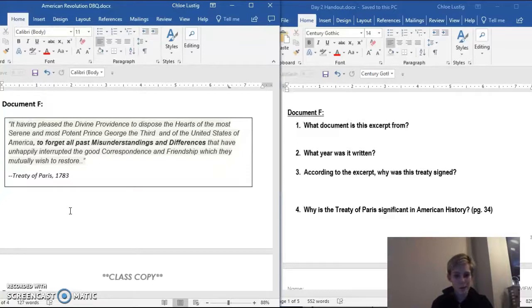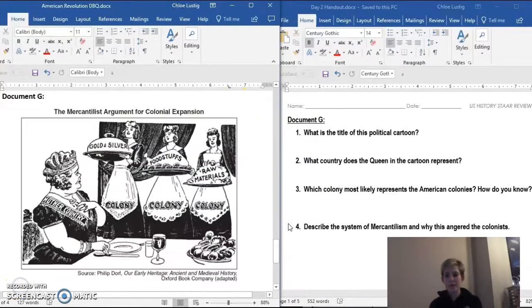So, sounds like something about America and Britain, and them being like, alright, let's just leave the past in the past, let's move forward as friends. And it's from the Treaty of Paris. So, it'd be helpful to look that up to answer Document F questions. Do that now.